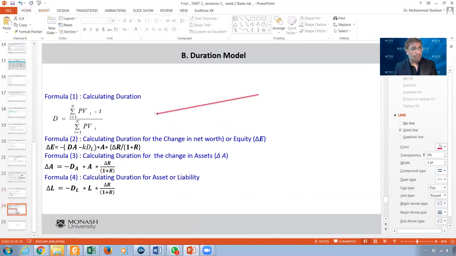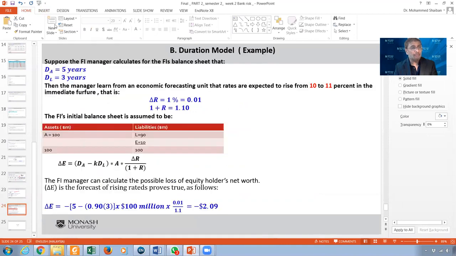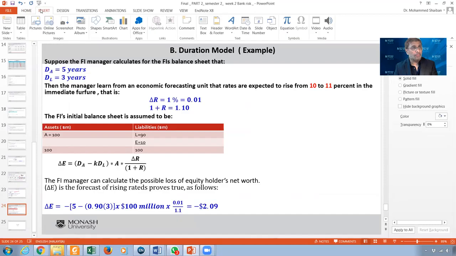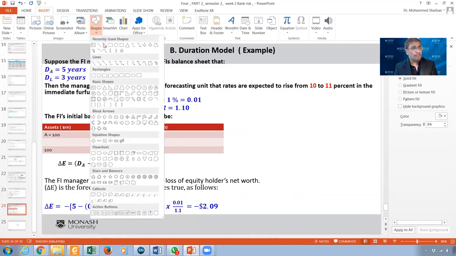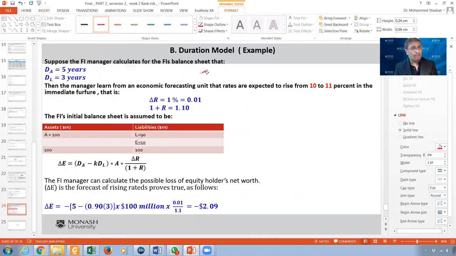if you look at this example, if we have a duration of assets of 5 years, calculated through this table and this formula I showed you before, and duration of liabilities of 3 years, now I can calculate actually the change, and the interest rate increased by 1%.